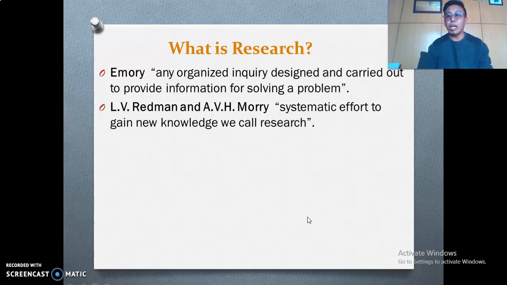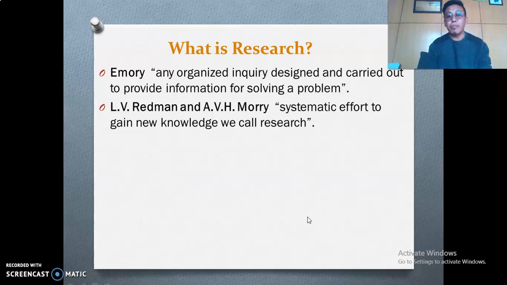It is all carried out in a very organized, systematic way. Research designing is a kind of step, so we follow all those steps in an organized manner to solve any social problem. That is research. On the other hand, L.B. Ratman and A.V.H. Morey have defined it as a systematic effort to gain new knowledge.